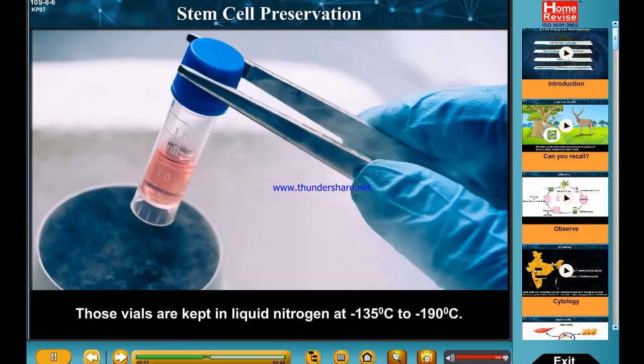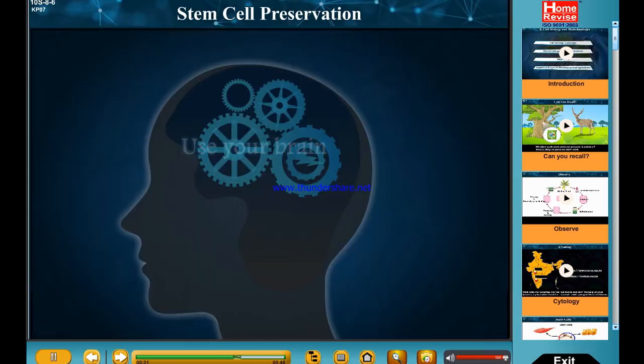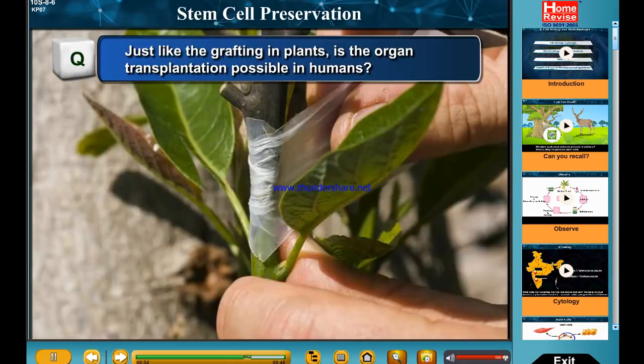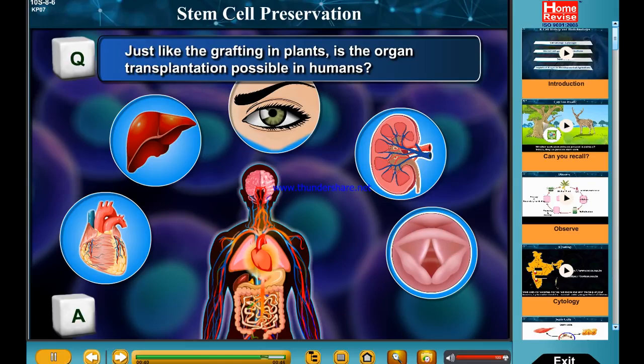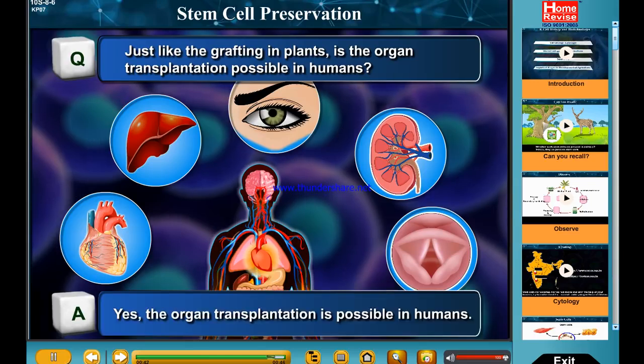Those vials are kept in liquid nitrogen at minus 135 degrees Celsius to minus 190 degrees Celsius. Use your brain. Just like the grafting of plants, is the organ transplantation possible in humans? Yes, the organ transplantation is possible in humans.